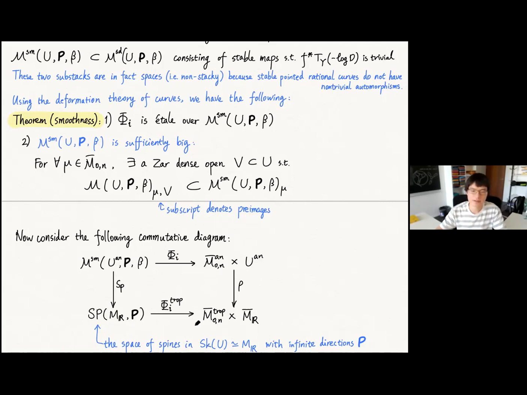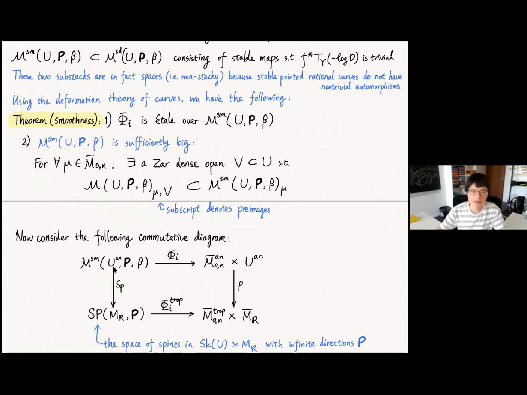Similarly, the first factor takes the domain of the spine, and the second factor is given by evaluation of the ith marked point in the spine. Then we have two vertical maps, SP and rho.